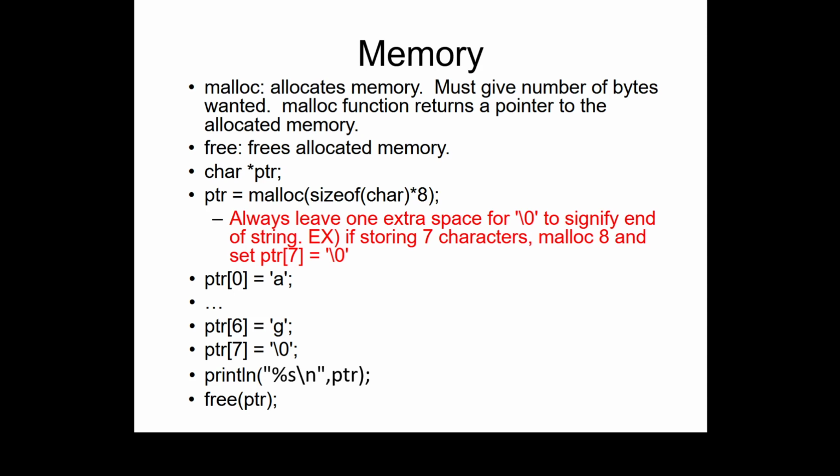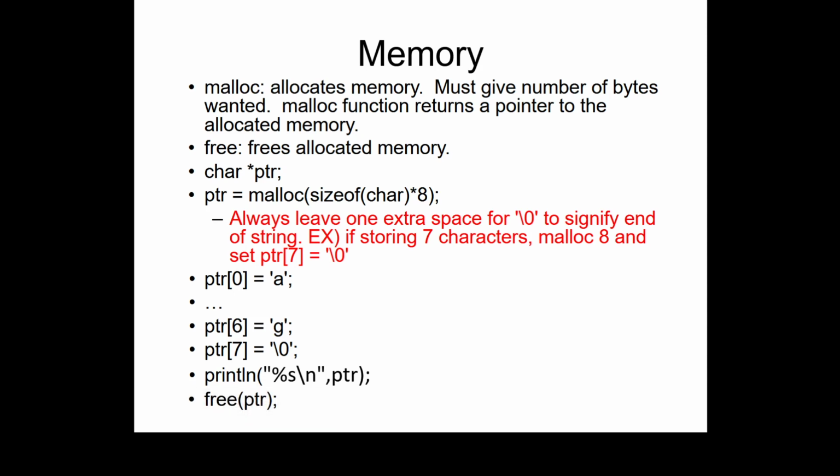Because remember, the length of this is not stored. It's not an object. It's a pointer. So if you need to store 7 characters, malloc 8, and then set pointer at 7 equal to the null character. So you're responsible for this. You yourself are responsible for applying and implementing this convention of putting a null character at the end.